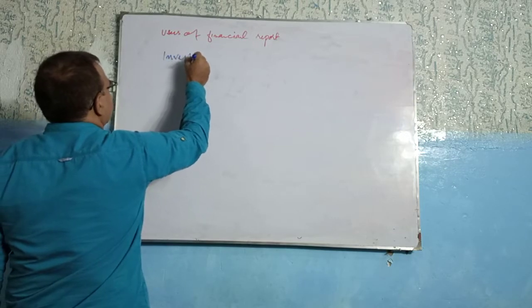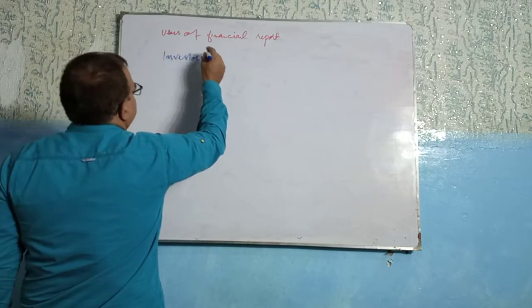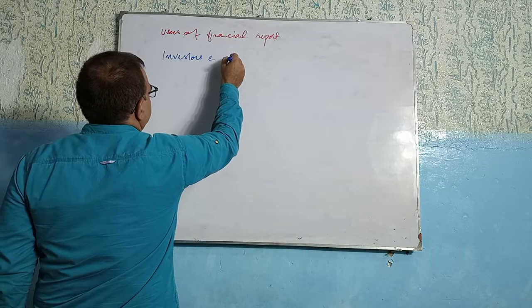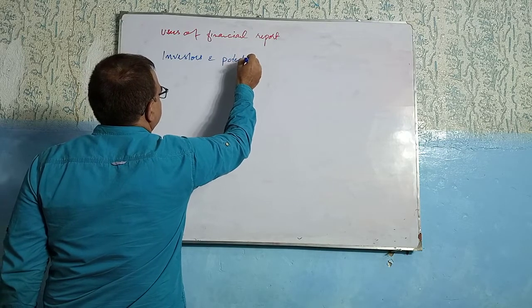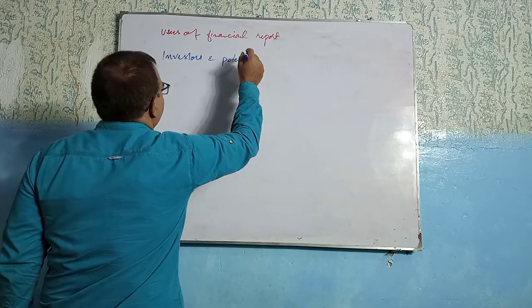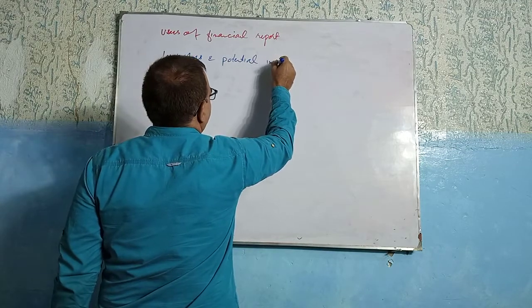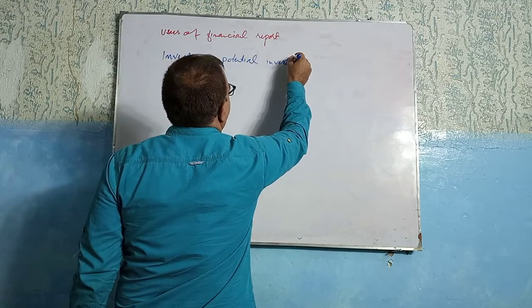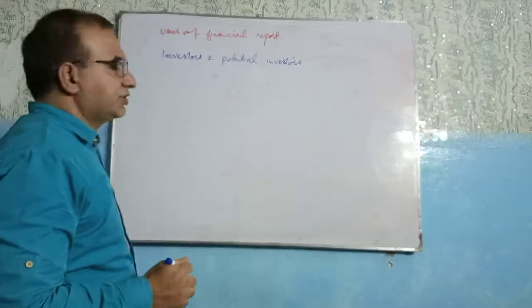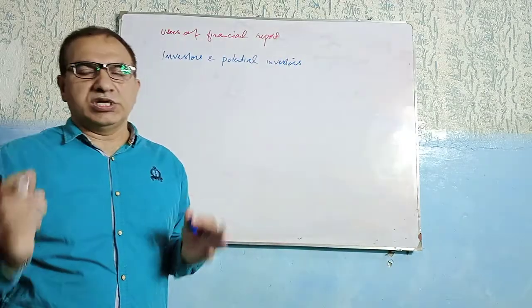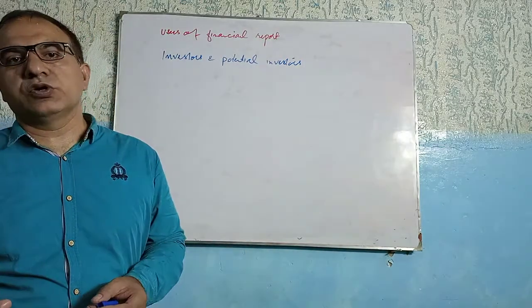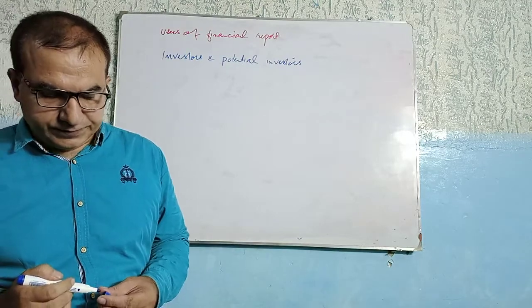First of all, the major ones, investors and potential investors. Investors are basically the existing owners, shareholders.